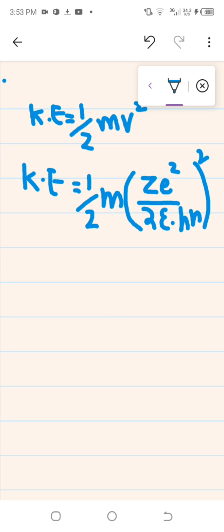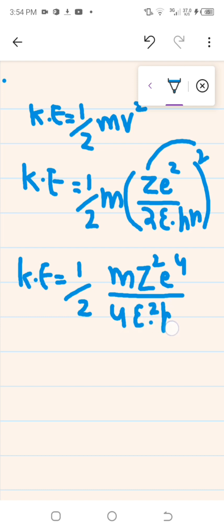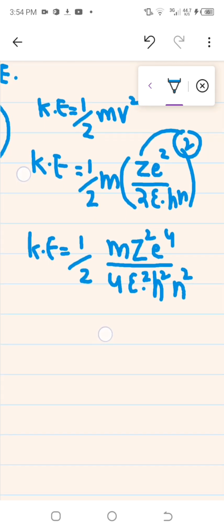Here we are going to solve it again. Kinetic energy is equal to 1 upon 2, m Z square e to the 4, divided by 2 to the 4 epsilon square h square and n square. Why have I given the square? Because the whole bracket has a square, so we apply the square to every term.